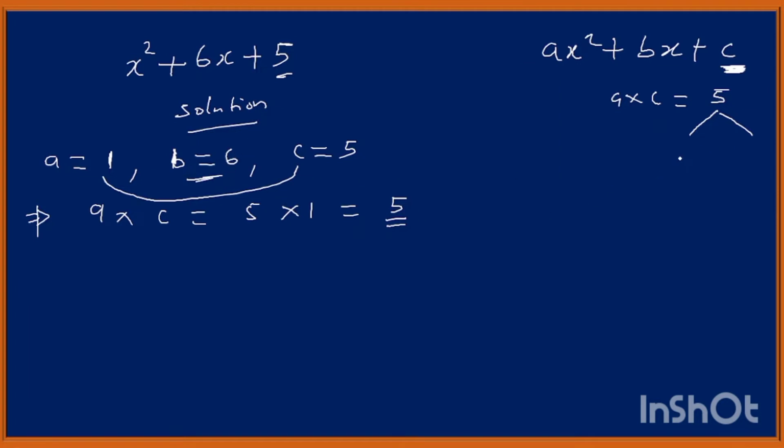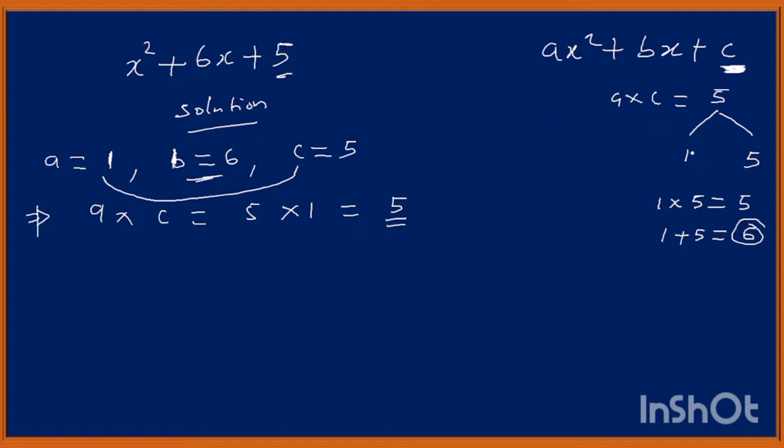Now, the factors of 5 are 1 and 5. Because if I multiply 1 by 5, it will give me 5. And then if I add 5 to 1, it will give me 6. And 6 here is the value of b in this expression.